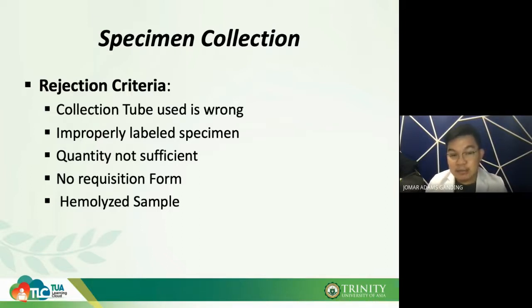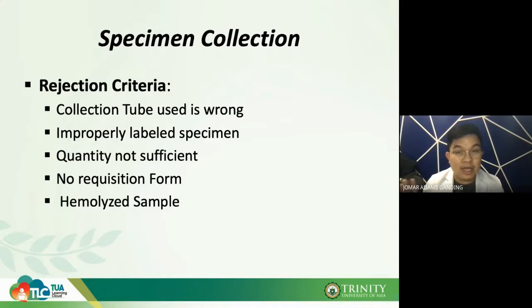Improperly labeled specimens will also be rejected. Always remember that patient identification is always a must and always important in the laboratory. Quantity not sufficient, or QNS, means the quantity of the specimen collected is not enough. There is no requisition form, and hemolyzed samples are also rejected.